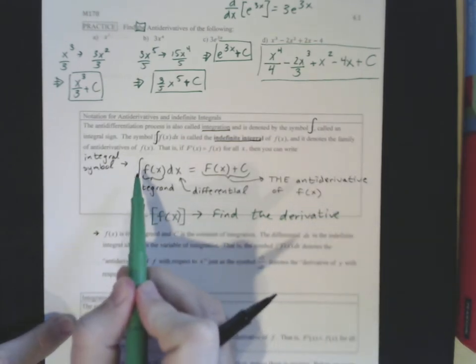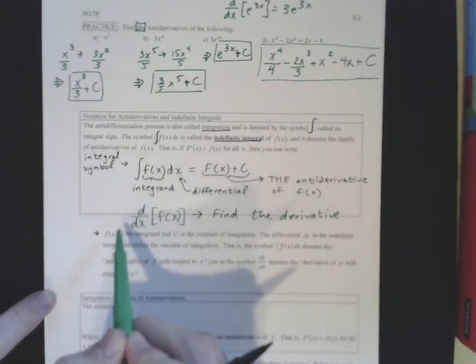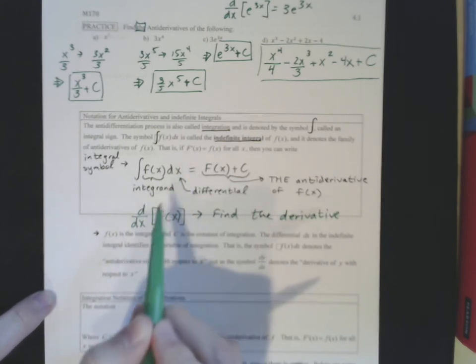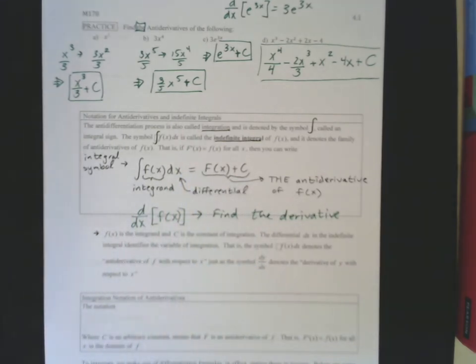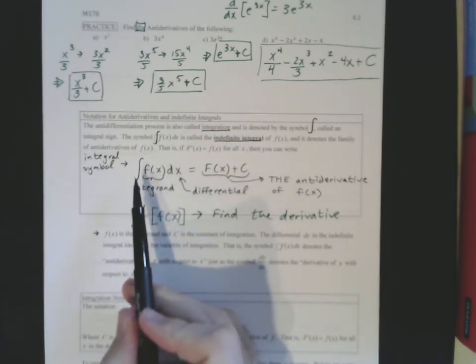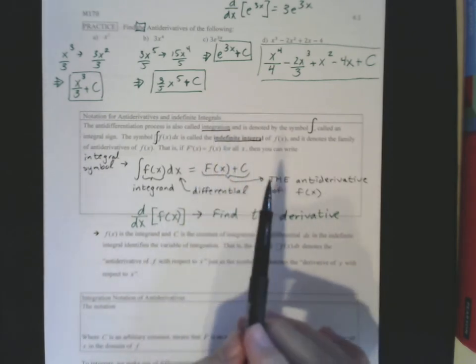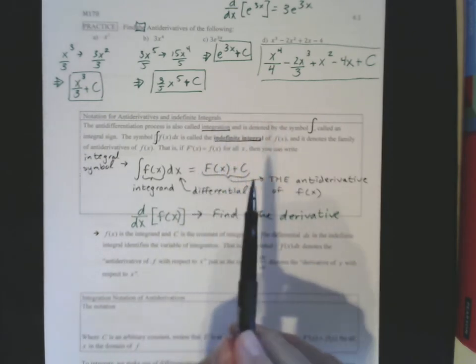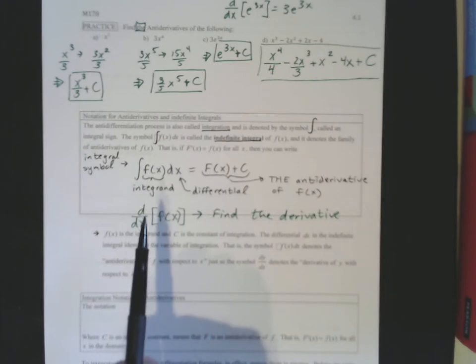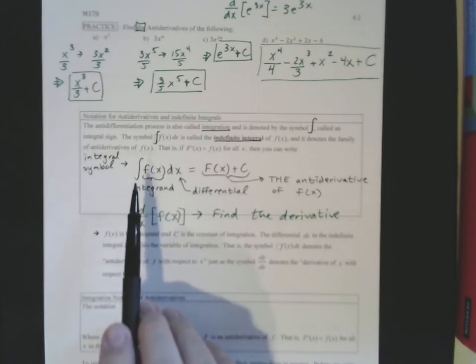And the integral of f of x dx, notice that both have differentials because both are related to the derivative. But the integral symbol itself is not the antiderivative. The antiderivative is this function over here, capital F of x plus c. The integral, just like the d dx, just says find the antiderivative.